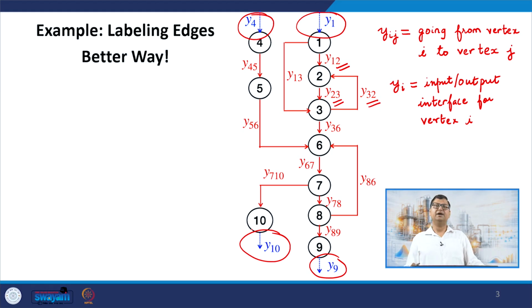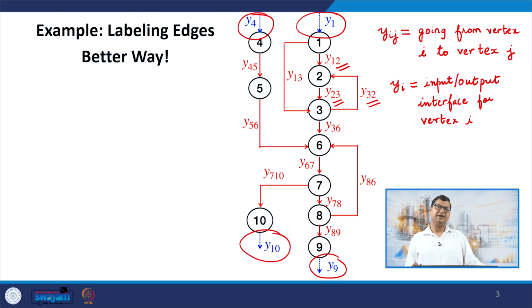And now we can go ahead and write the balance equation for every node. Let us say, for example, these edges represent the overall mass flow rates or molar flow rates, and if there is no reaction in the case of molar flow rates, or for the overall mass, even if there is a reaction, then the same thing applies.